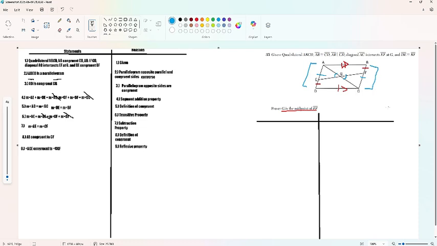Now let's see, what else can we add? Okay, so we can do angle, side. If we want to use angle, side, we need to prove that AD is congruent to BC, or else it would not work.